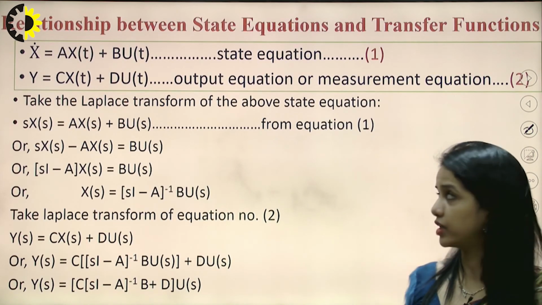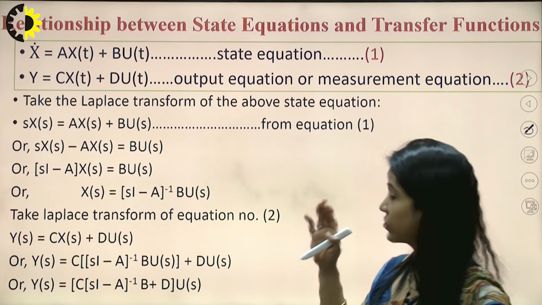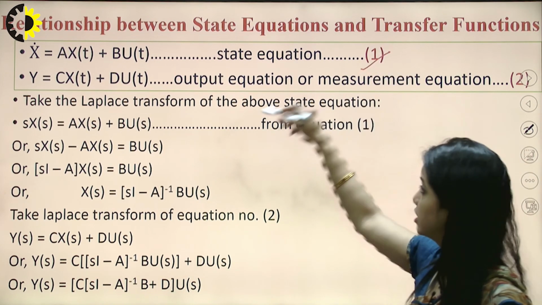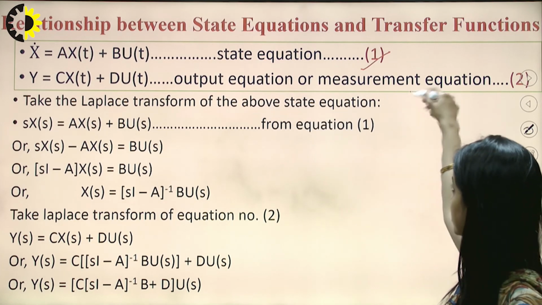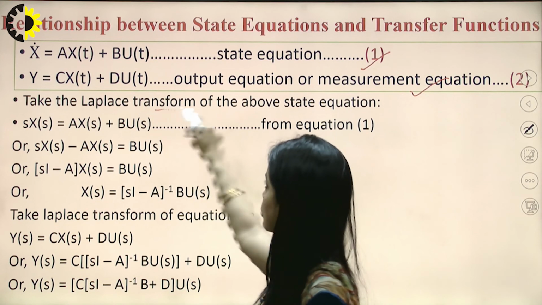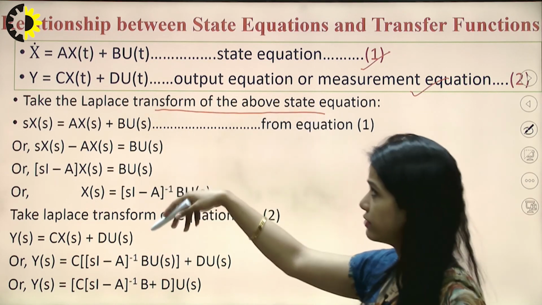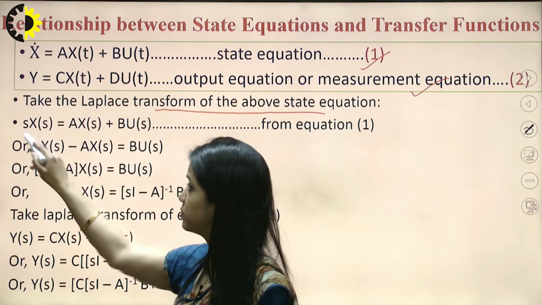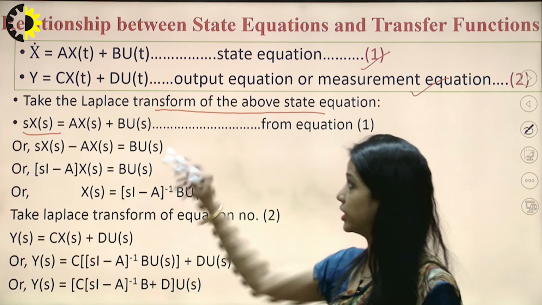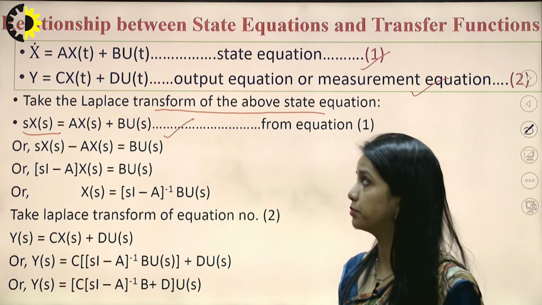In this diagram we see this is the state equation, and then this is the output equation, and we are just trying to take the Laplace of the first equation. When we take the Laplace, x dot can be represented as s X(s) equals AX plus BU.